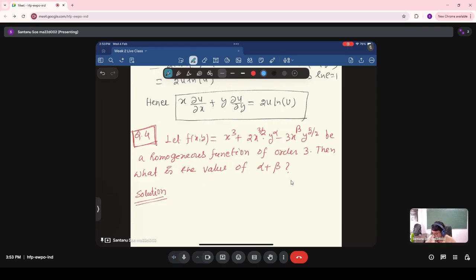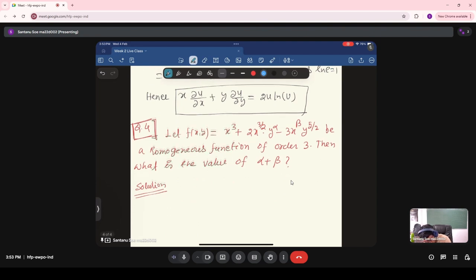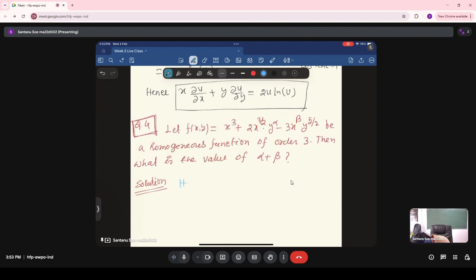Now, before solving this question, we have to know the definition of a homogeneous function of any order which is a positive integer. So first we're going to write the definition of a homogeneous function and then we'll solve the question. So just write now the definition of homogeneous function.